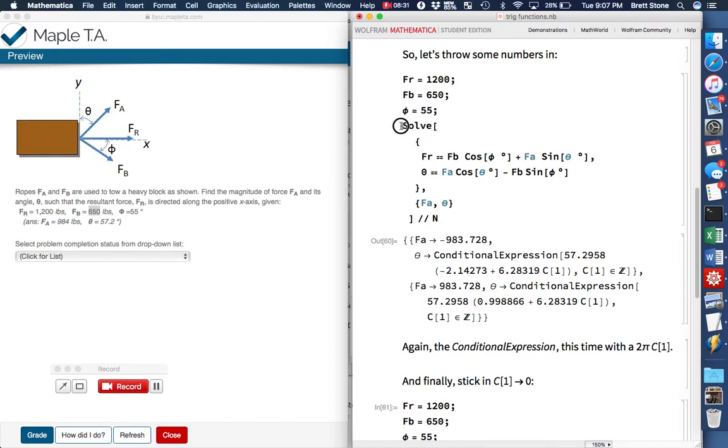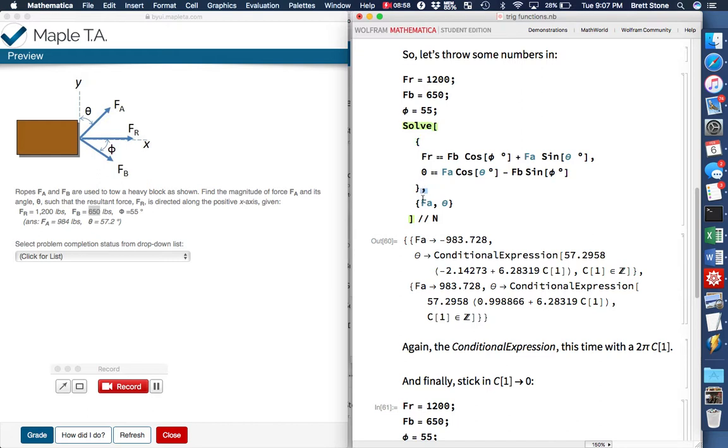And then I'll type Solve, square bracket, and when I have multiple equations, I have to enclose them in curly brackets like that. You'll notice that I have an open and close curly brace, and then I have my first equation, and then a comma to separate the equations, and then my second equation, and then I close the equations section.